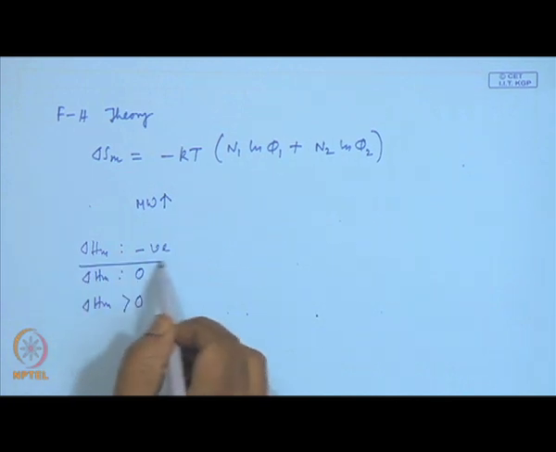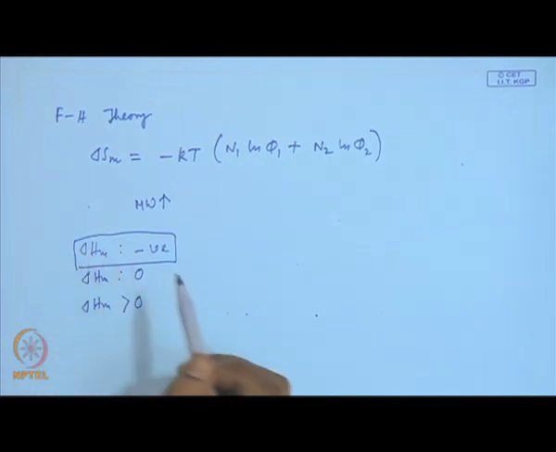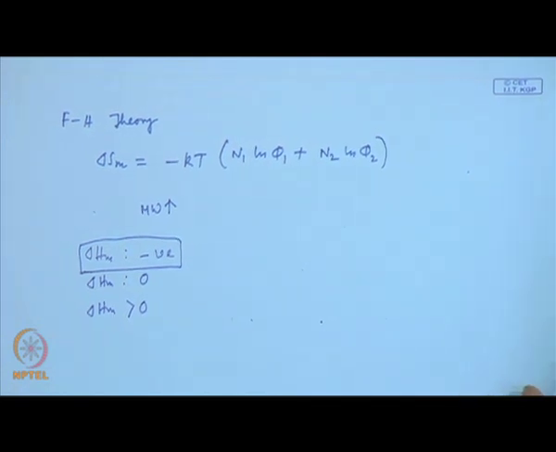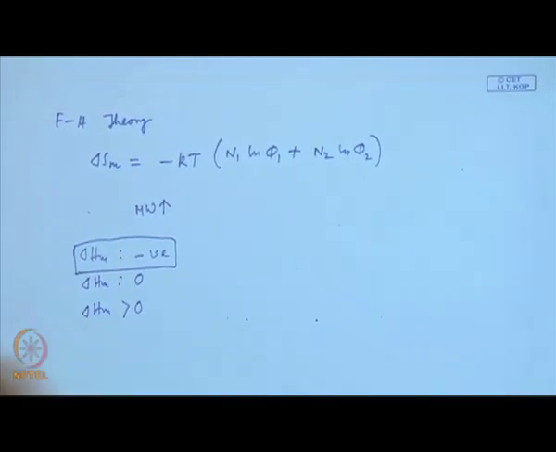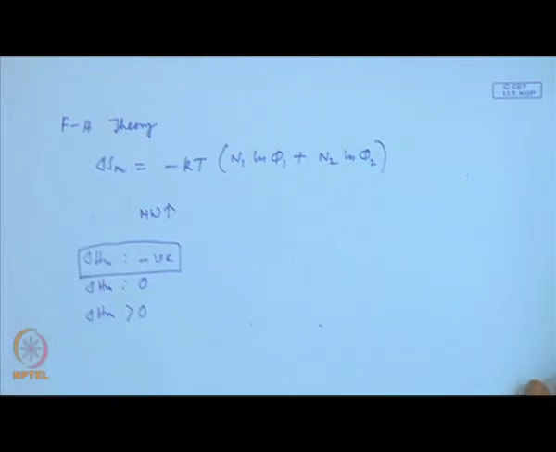Now, to have a negative value of enthalpy of mixing, there should be some specific interaction between the polymers, and those specific interactions are shown here. Some of them are hydrogen bonding, ionic interactions, or electron donor acceptor complex type.